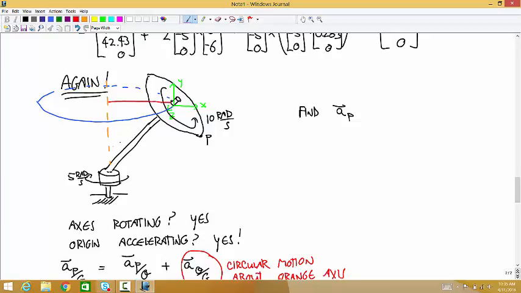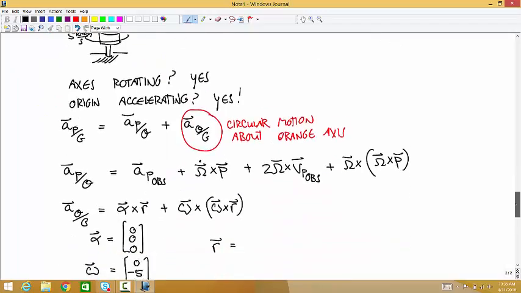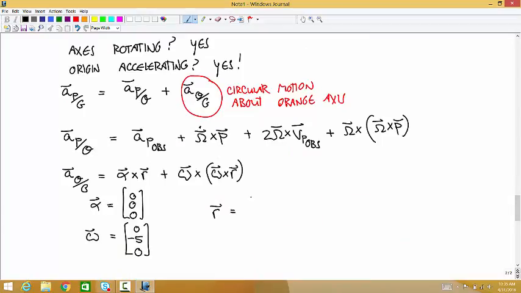If you make this triangle, this is 45 degrees. That's 45 degrees. The hypotenuse is 1. And so R is just equal to positive 0.7071.